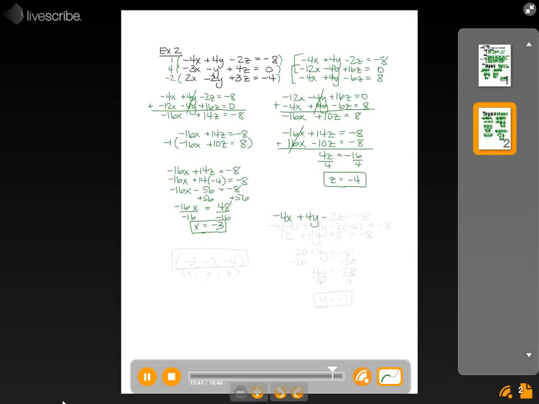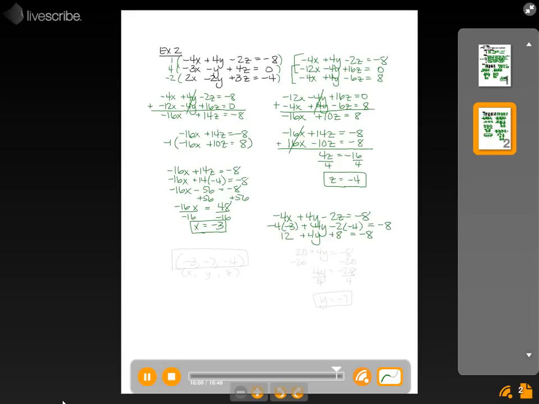So negative 4x plus 4y minus 2z equals negative 8. It's going to become, not negative 4x, negative 4 times negative 3 because x is negative 3 now, plus 4y minus 2 times negative 4 equals negative 8. Negative 4 times negative 3 is 12, plus 4y. Negative 2 times negative 4 is positive 8, equals negative 8.